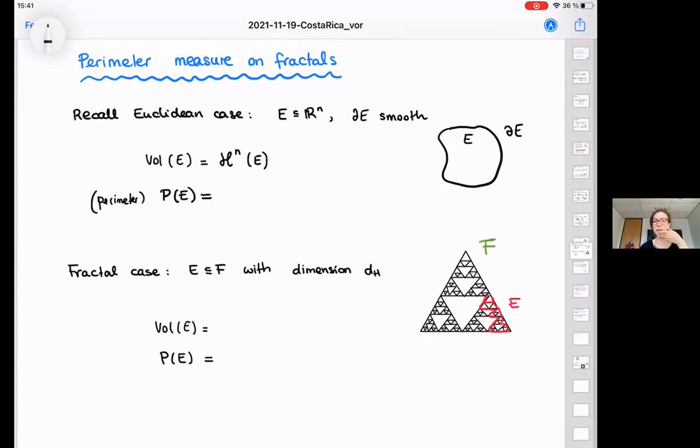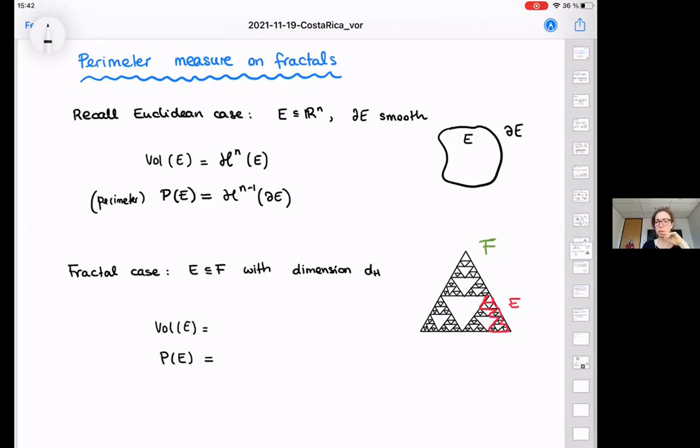So what was the perimeter? Someone remember how we define the perimeter? The (n-1)-dimensional Hausdorff measure. Yes, of what? Of the boundary. Of the boundary, perfect. This is what we did.